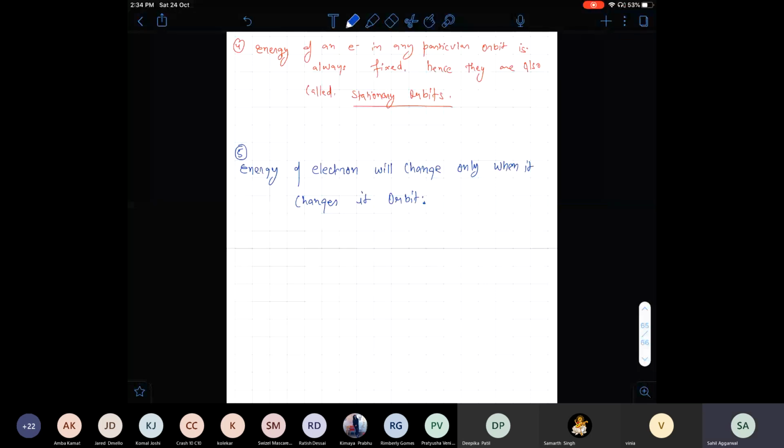If it goes from low to high, energy is absorbed.